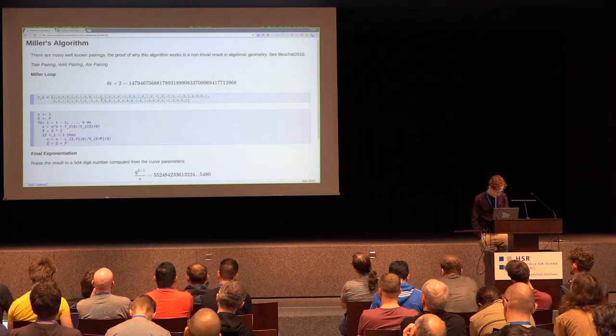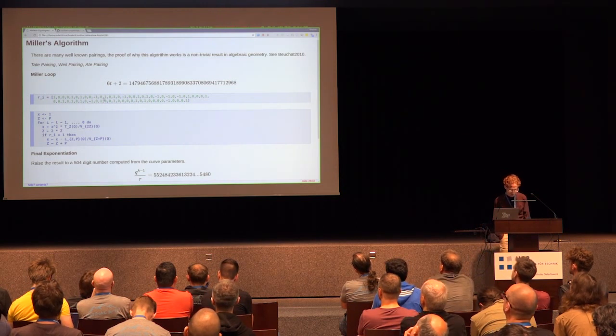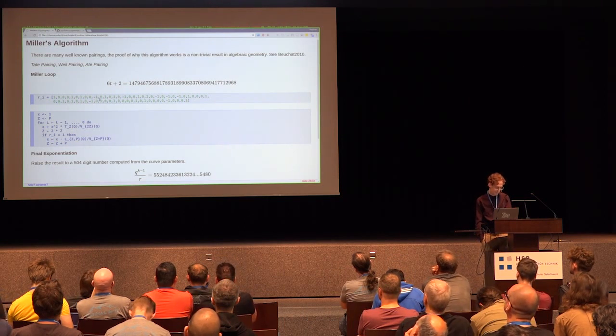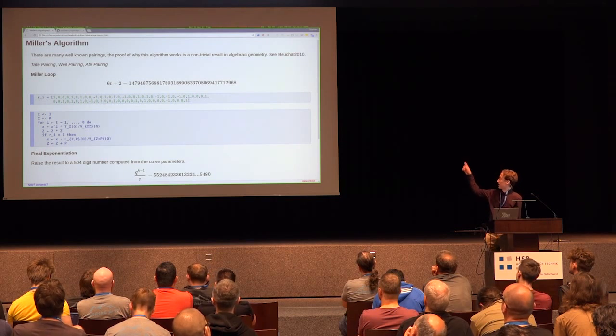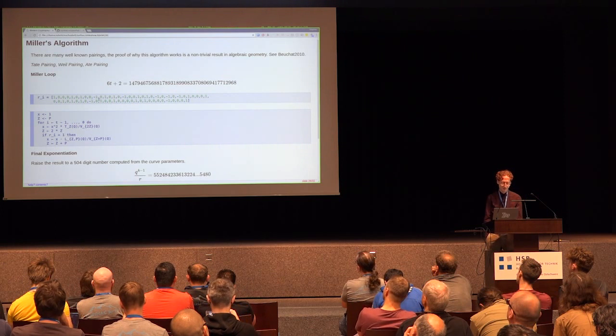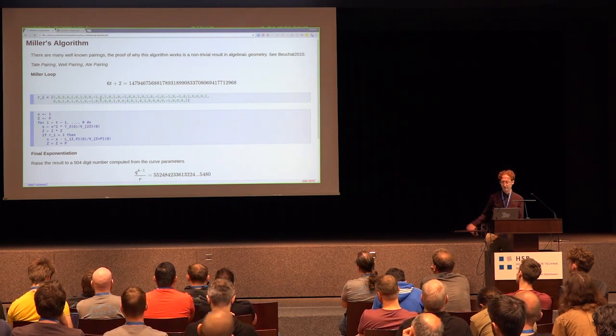Okay, and then at the end of the day, we still want to construct this bilinear mapping between the two group elements. So there's a well-understood algorithm from algebraic geometry outlined in Bouchard 2010, search for that paper, which gives us a way of constructing, given any two group elements, the bilinear mapping between them.